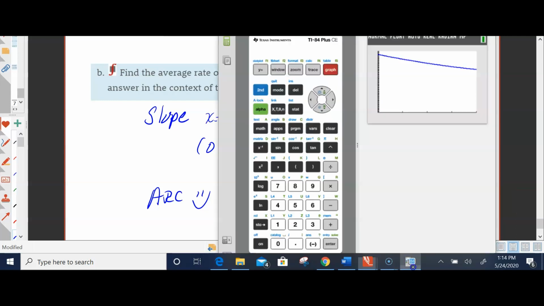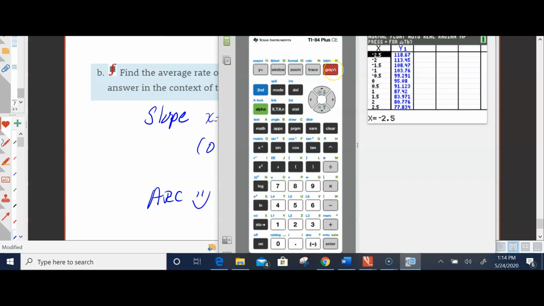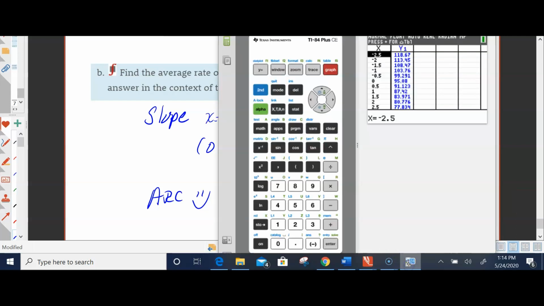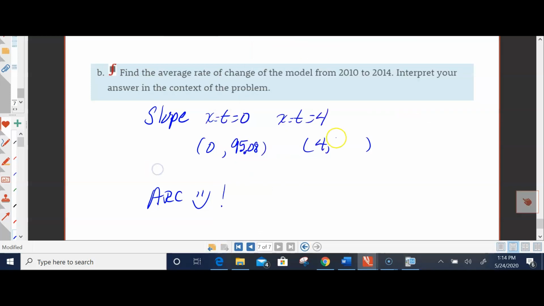So let's go to our graph and find those ordered pairs. I'm going to go to my table. And at 0, it is 95.08. So there's one ordered pair. Let's find the ordered pair at 4. It's 70.534.